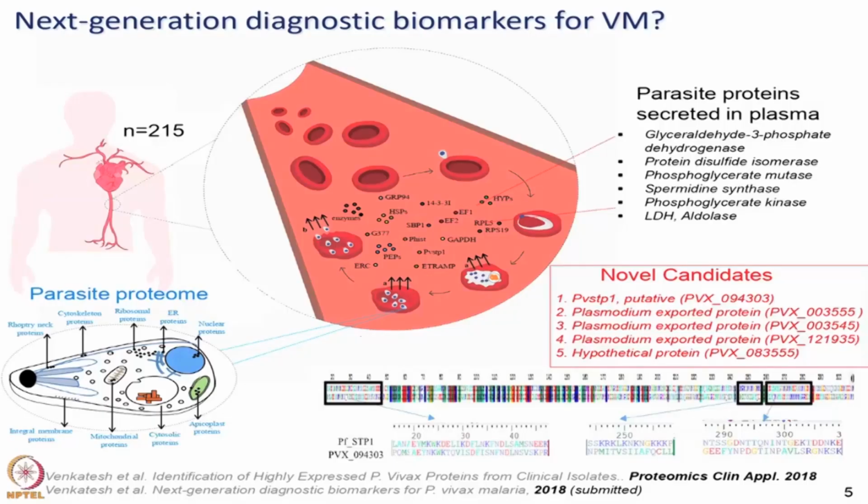We did bioinformatic analysis to see whether they are uniquely present in vivax or also present in falciparum. Interestingly, at least 5 candidates look very promising, being present only in vivax, which could be next generation diagnostic biomarkers.